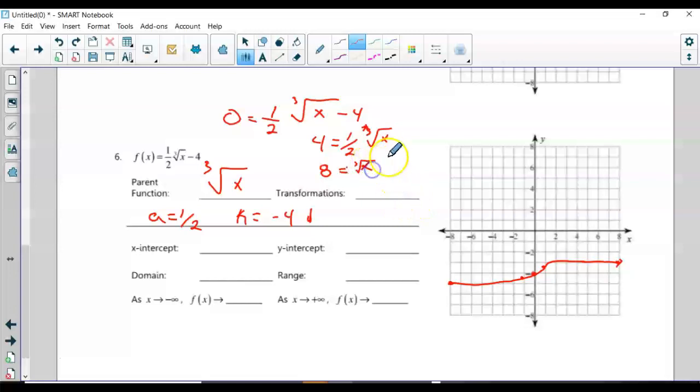I don't know if you guys can see that. Let's move that up here. Okay, so I can write it a little bit larger. So 8 is equal to cube root of x.